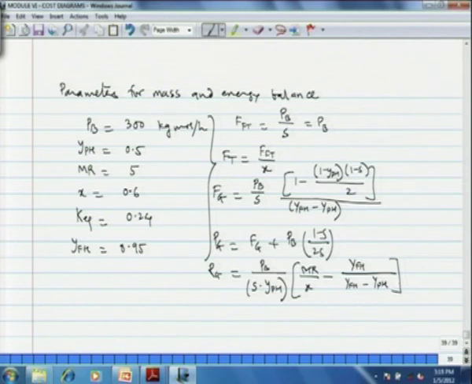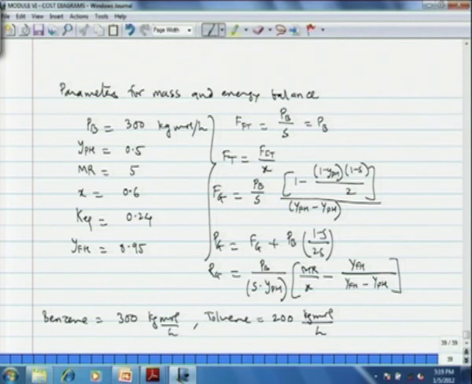We are simply going to put these numbers into this formulae and then obtain the following values. Benzene, we are given 300 kgmol per hour. Then toluene, 200 kgmol per hour.